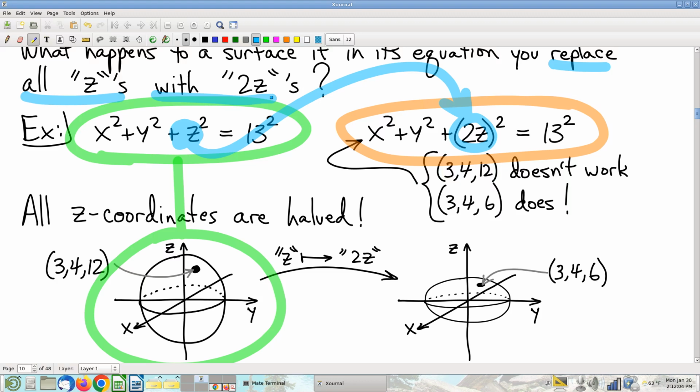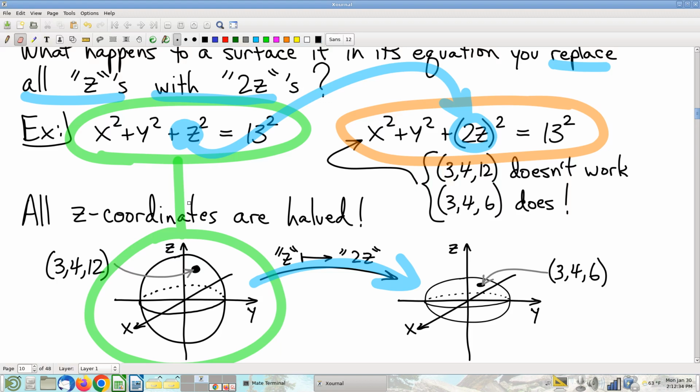If I can figure out what this algebraic process does effectively to the resulting surface, then I can use my knowledge of my starter surface to help me figure out the answer to my actual surface of interest. The equation of interest, what is that resulting surface? Everybody see the big picture strategy that we're going to try to fill in here?